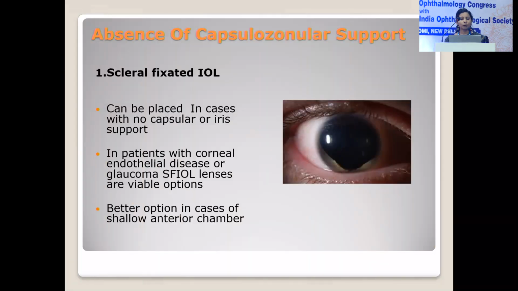So what are the options where there is absence of capsular support? The first is scleral fixated lenses. Their advantage is that they can be placed if there is no capsular support and no iris support. The other thing is that it is away from the cornea, so the chances of corneal decompensation are less, and so this surgery can be performed in patients with corneal endothelial diseases and also in cases of shallow anterior chamber.